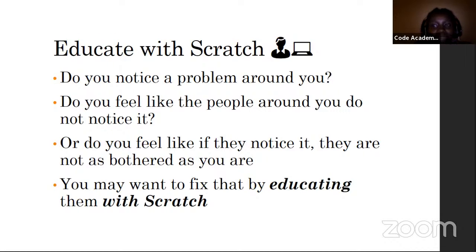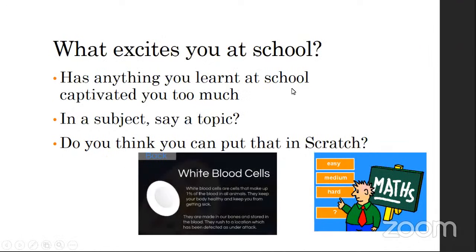If you notice a problem that you'd like to express, say to your parents, your family or anyone else, and you're not able to do that directly, do you think you could put that in Scratch so that if that person saw your project, they would actually understand? That is something that should be very key, by the way. If you create a project and you're directing it to someone, you really have to make sure that those people understand.